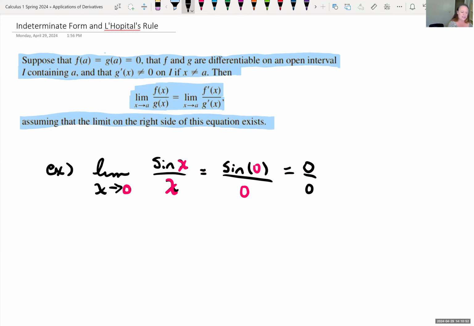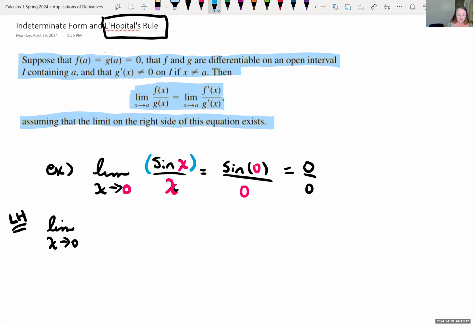And now, because of L'Hopital's rule, we can use our rule. I'm going to put out here that I'm using L'Hopital's rule, so LH. I'm looking at the limit as x goes to 0. I want to take the derivative of my numerator. The derivative of sine of x is cosine of x, all over the derivative of my denominator, which is 1.